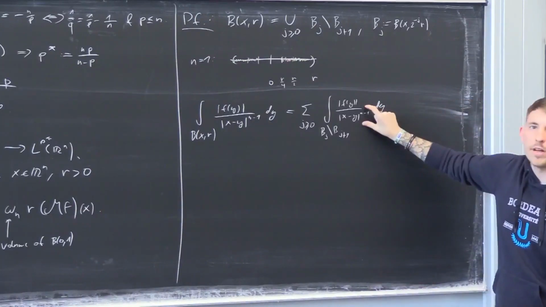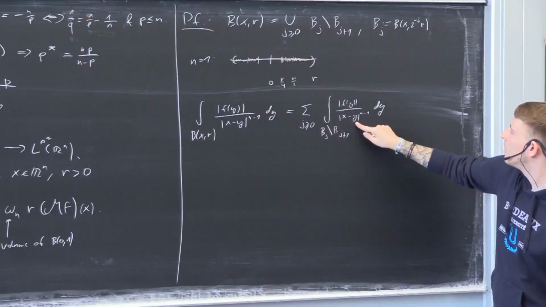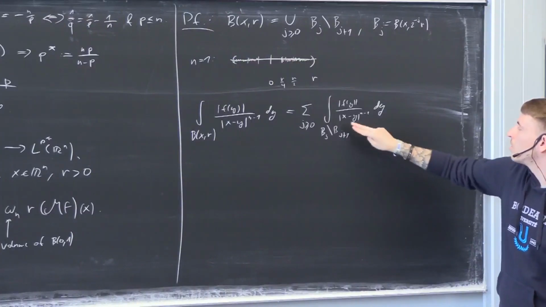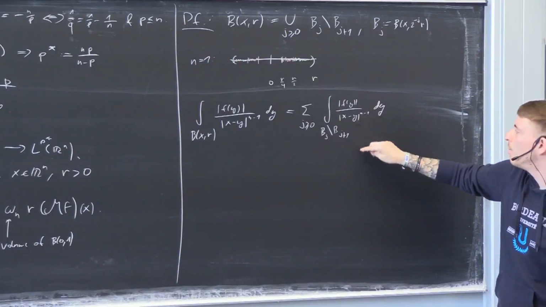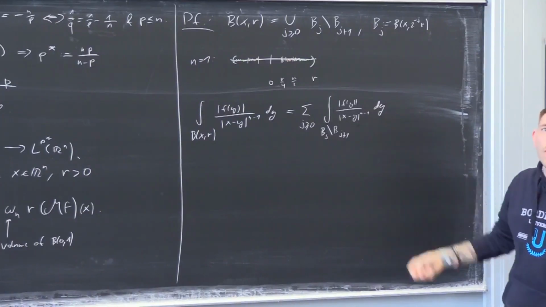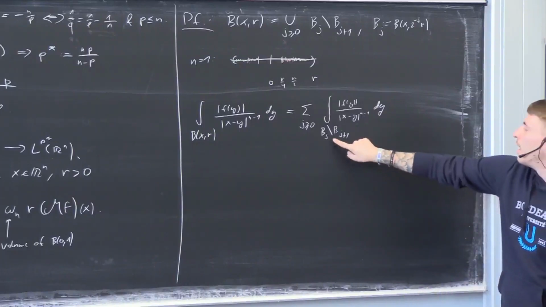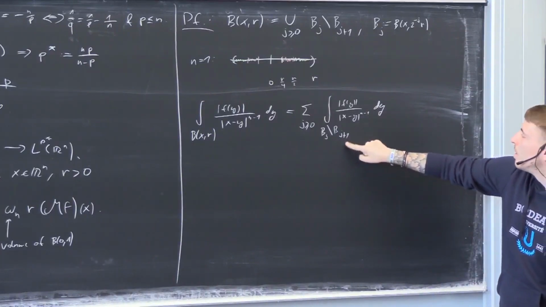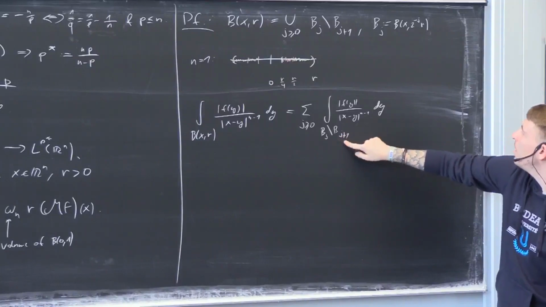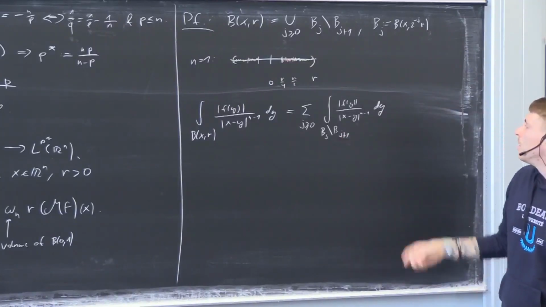So what is now this extra information on this kernel here? Well, okay, this is 1 over this, so I should get a lower bound for the distance of x to y to get an upper bound for 1 over this quantity. And the lower bound for |x minus y| comes from removing this ball. So x is the midpoint of this ball here. Yeah, it was written here. But y is not in this ball.